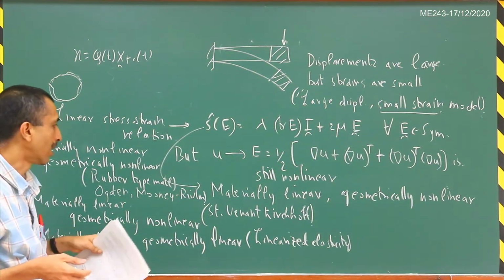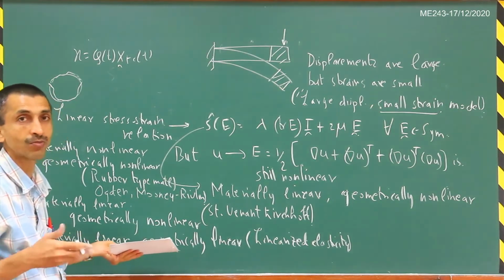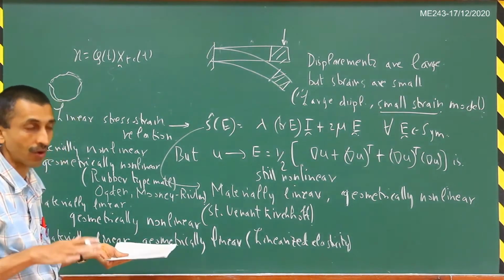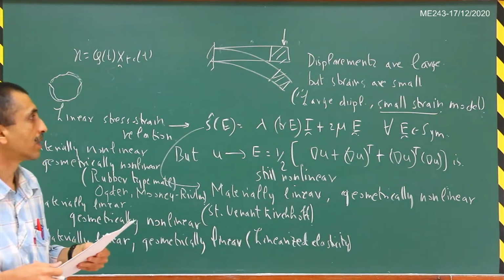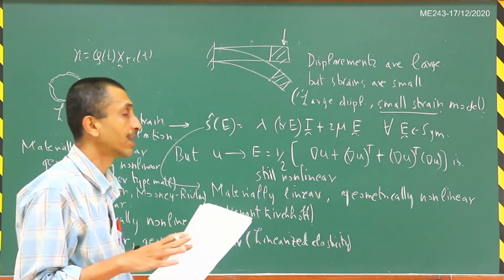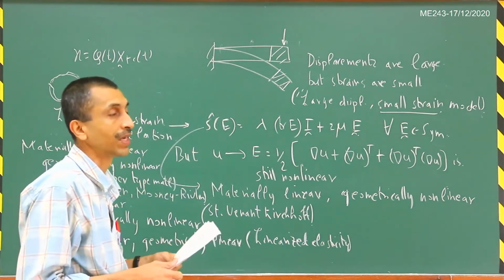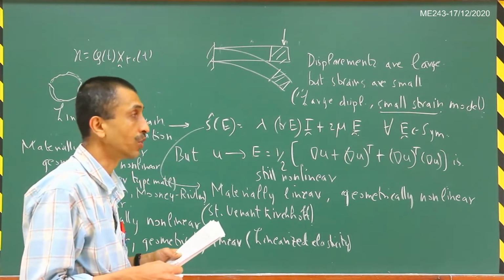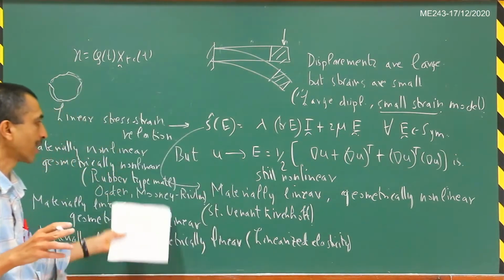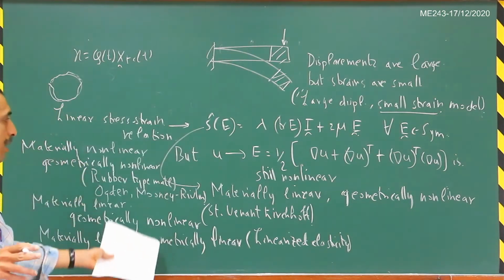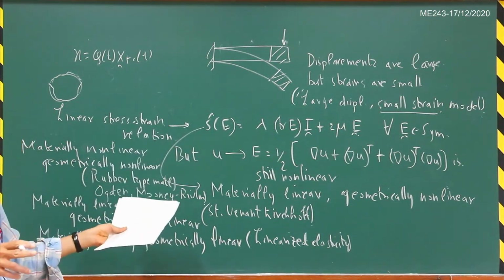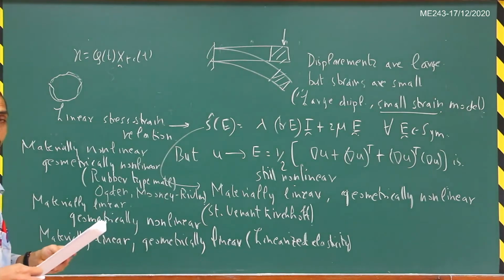If the displacements are small and the strains are small, then you can use just the linearized elasticity model. So this is a summary of the hierarchy of material models that one should use in a given situation. You have to make a choice of which approximation out of these you would like to use in a given problem.